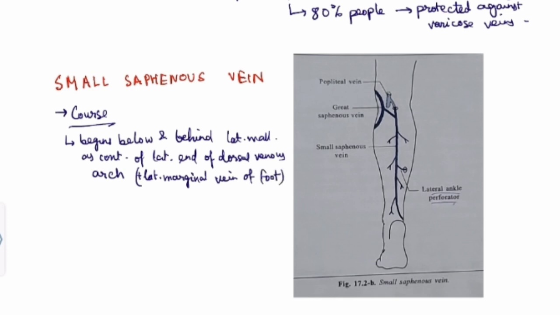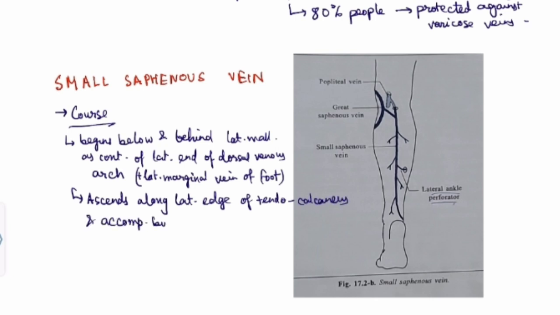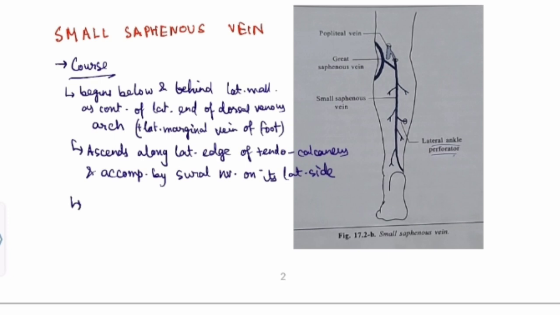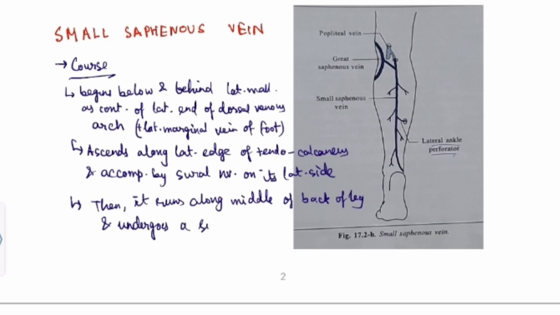It ascends along the lateral edge of the tendocalcaneus, accompanied by the sural nerve on its lateral side. Thereafter the vein runs along the middle of the back of the leg and undergoes a subfascial course between the two heads of gastrocnemius.